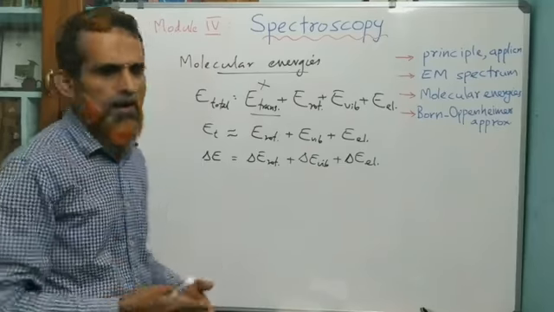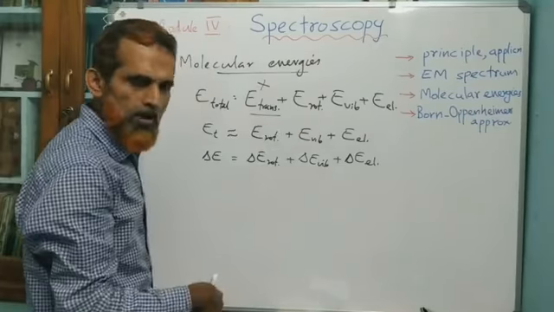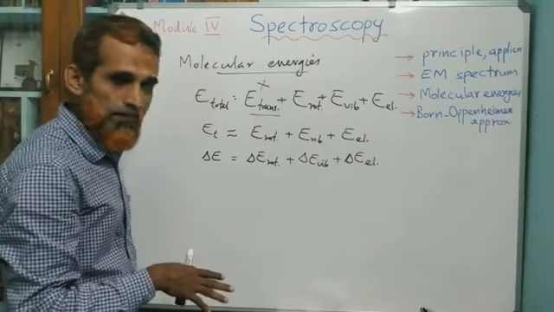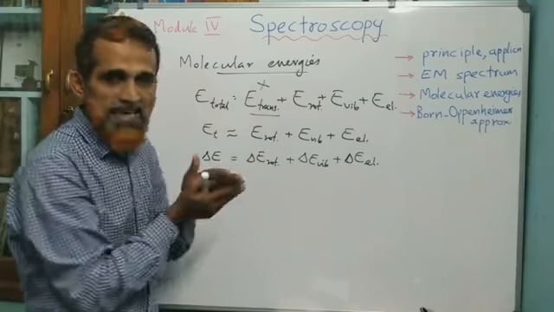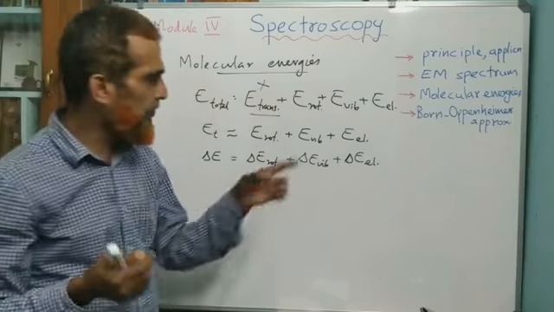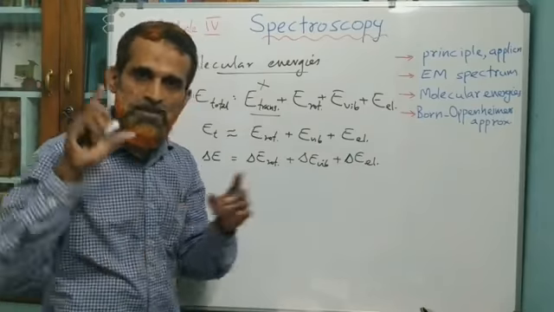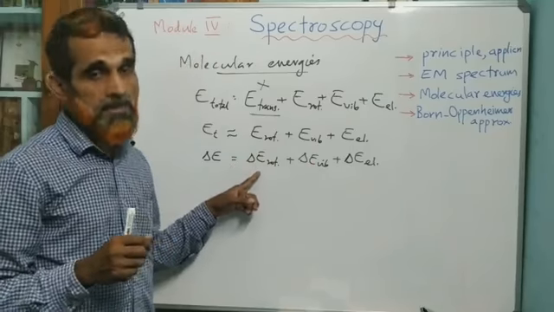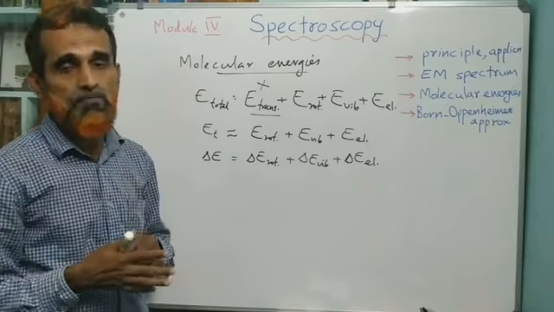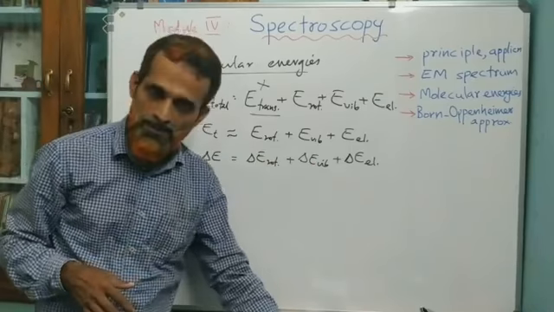So in the next class we will represent the energies of a molecule, all these energies in a diagram, and see how the transition takes place. What is the energy gap? Which radiation is useful for electronic transition? Which radiation is useful for vibrational transition? And which is suitable for rotational transition? Giving rise to different spectra in the coming class.